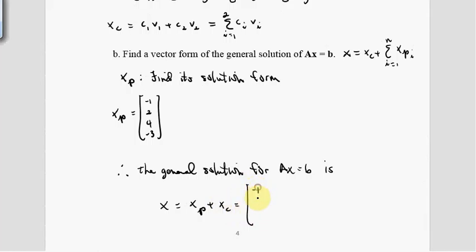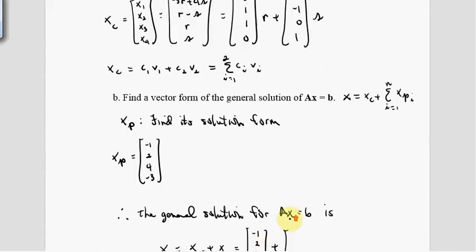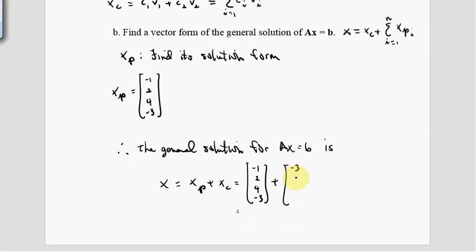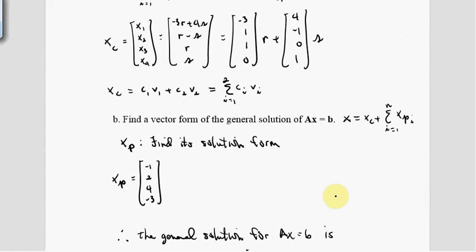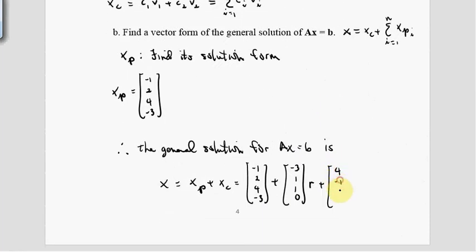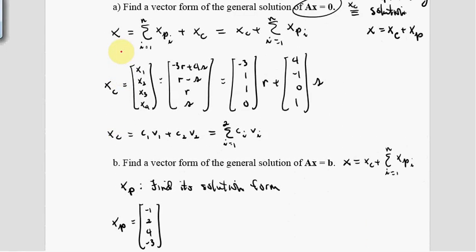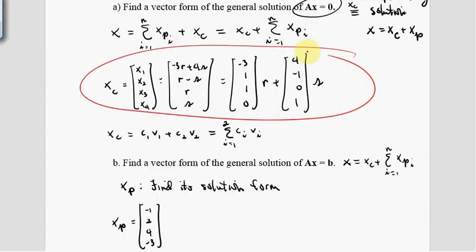The particular solution is negative 1, 2, 4, and negative 3, plus now its complementary solution, negative 3, 1, 1, 0 times R plus 4, negative 1, 0, 1 times S. So this is for part B, and then for part A, that's what we want.